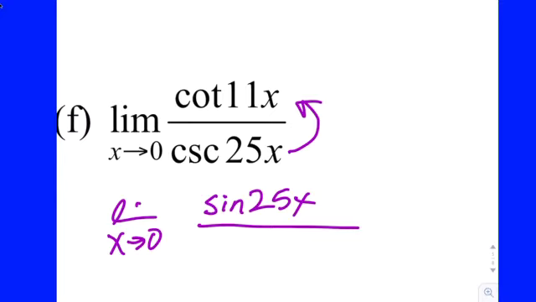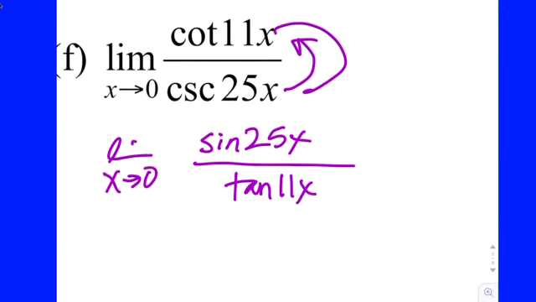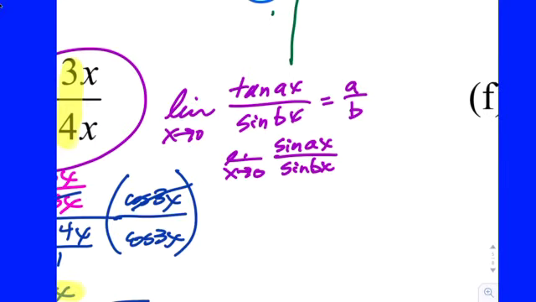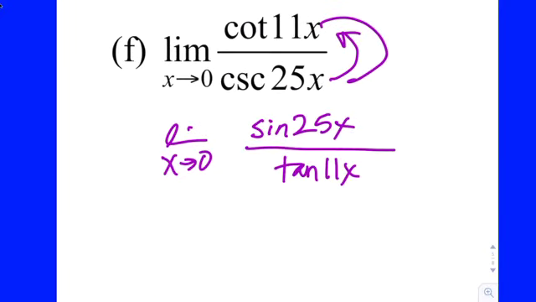And a cotangent in the top is equivalent to its reciprocal tangent in the bottom, because cotangent is 1 over tangent. So just by using the reciprocal identities, we now turn it into a sine tangent problem near 0, which we just said they behave the same way, and it's always what? A over B. So this answer does come out to be 25/11.